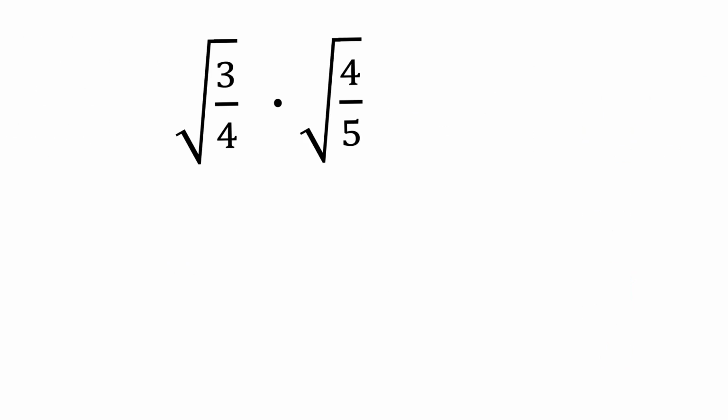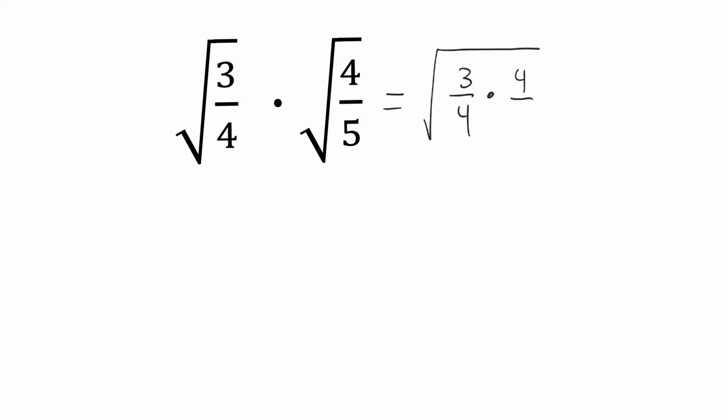And I'll do one more when you have to multiply fractions inside of the radical. So here we have the square root of 3 over 4 times the square root of 4 over 5. So the product property, you can multiply the numbers inside, and they are fractions. You cannot simplify the fractions 3 over 4 and 4 over 5. So I'm just going to multiply, and I'm going to keep one big radical, and I'm going to write down the 2 fractions inside multiplying.